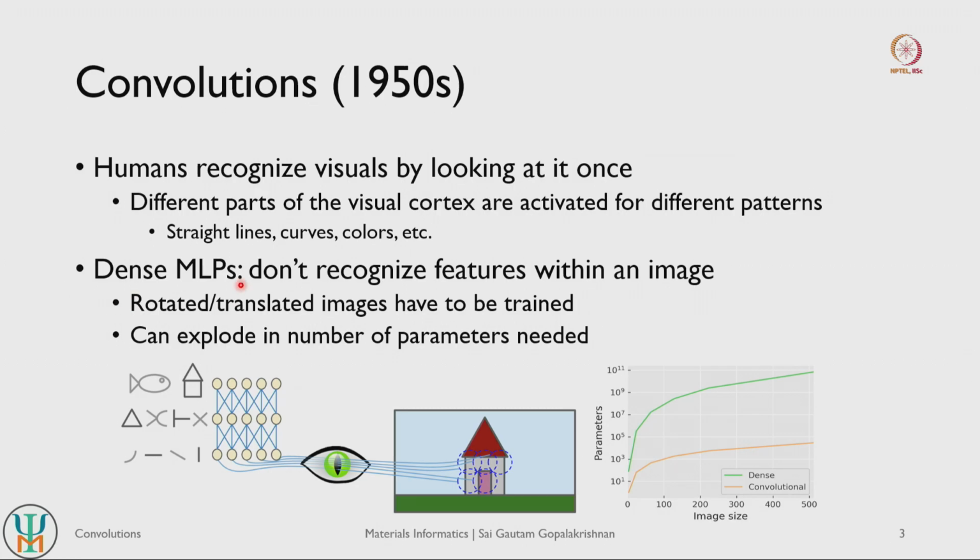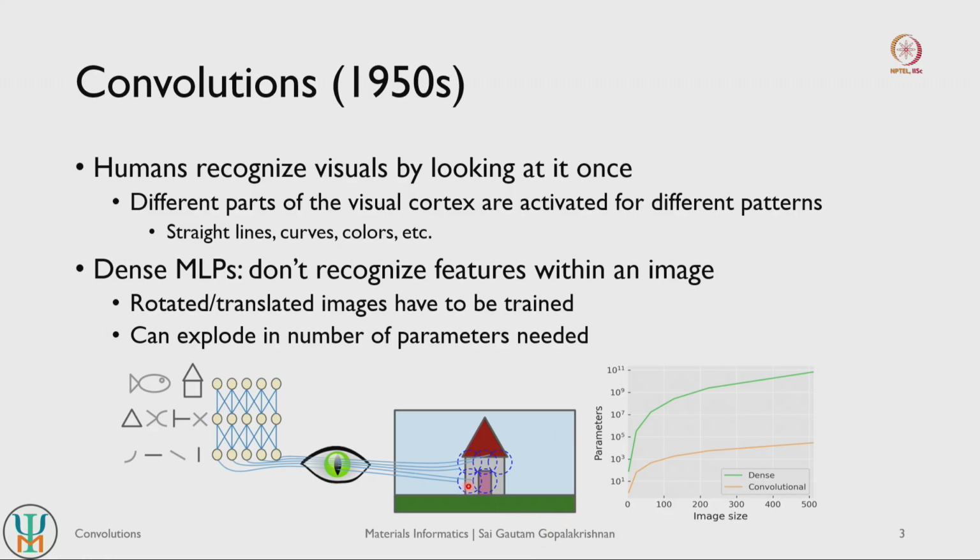Before we get to the mathematics or the technicalities behind convolutions, if you look at dense MLPs or dense neural networks in general, the way they are structured, they do not recognize all the features within an image, or more precisely they do not recognize the same feature in different parts of the image. Let us say you have a dense neural network.